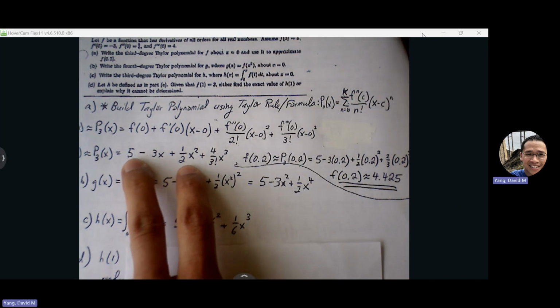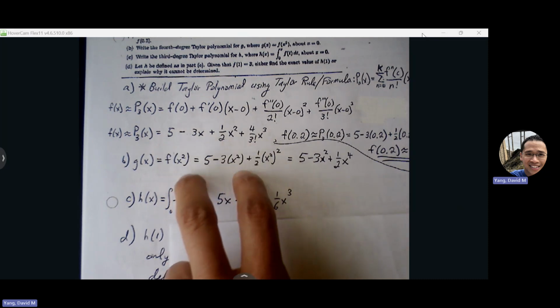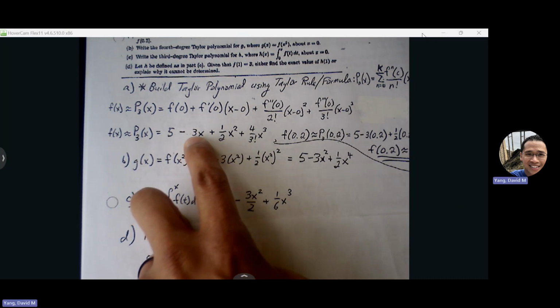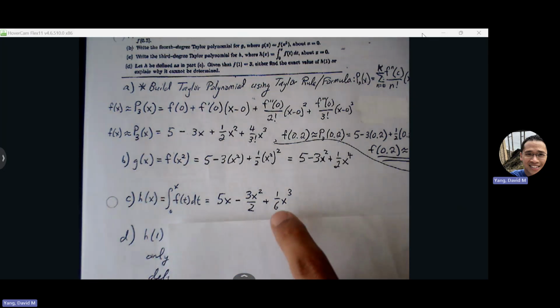And we're building it off of the original p of x, not f of x squared. So 5 becomes 5x, 3x becomes 3x squared over 2, 1 half x squared becomes 1 half x cubed over 6.